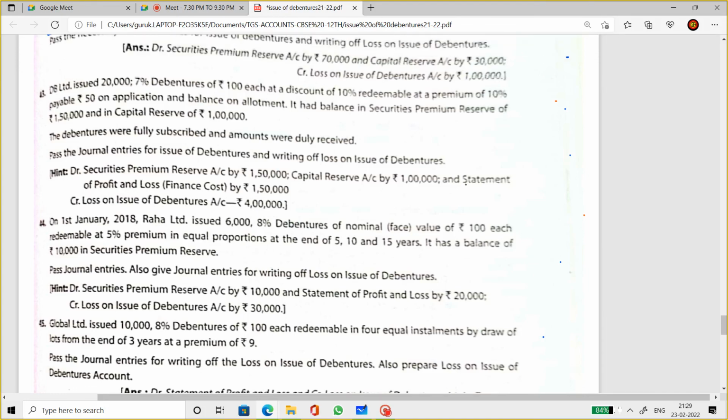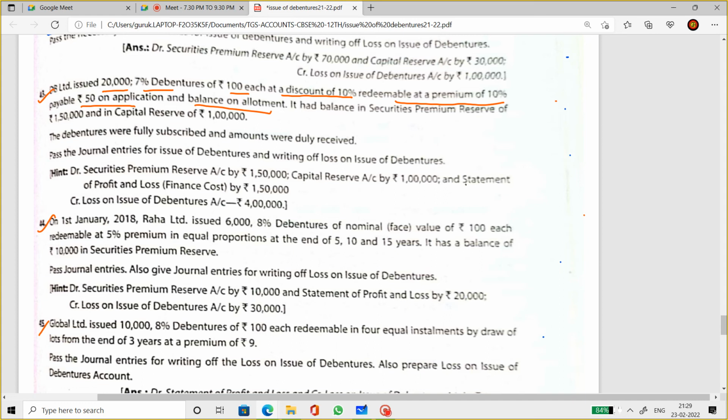I would like to explain 43, 44, 45 in a crisp way. Not going to do it, just going to explain it to you. DB Limited issued 20,000 7% debentures of 100 each at a discount of 10%, redeemable at a premium of 10%. Payable 50 on application, balance on allotment.